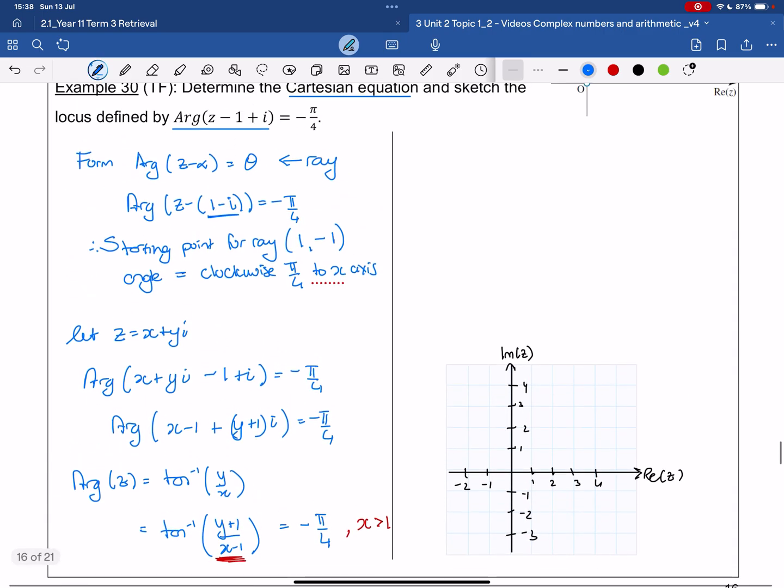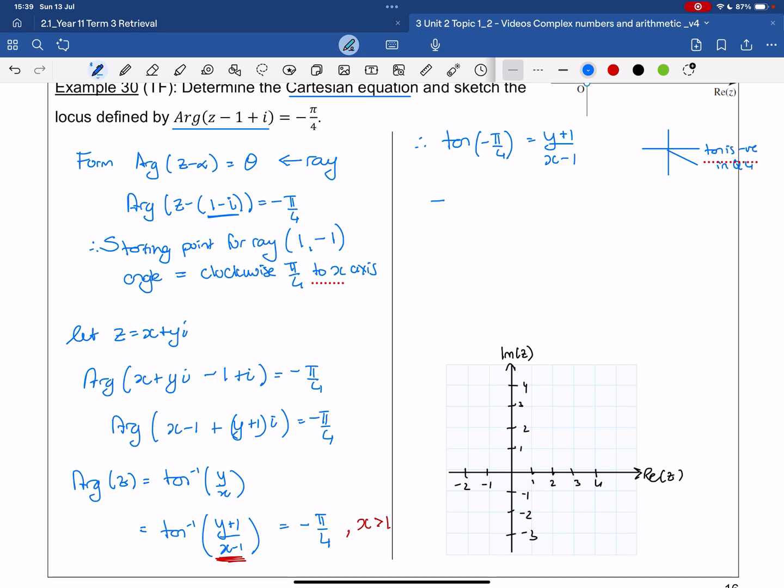Okay, so this means that tan of negative pi on 4 has to equal y plus 1 over x minus 1. And this looks a little bit like methods, where tan of negative pi on 4, we're talking about our fourth quadrant, and tan is negative in quadrant 4.